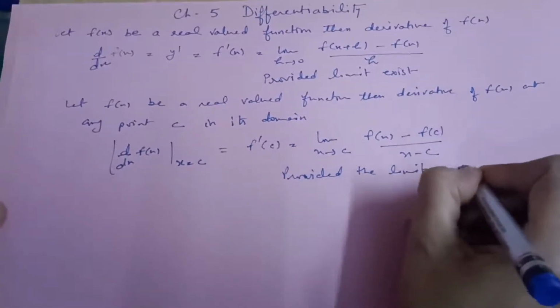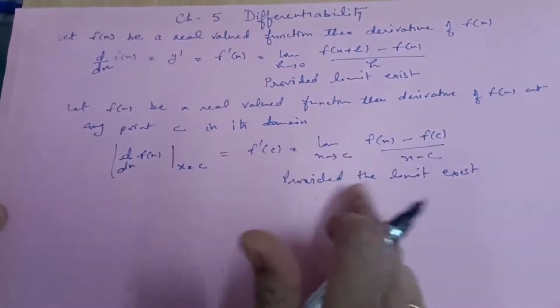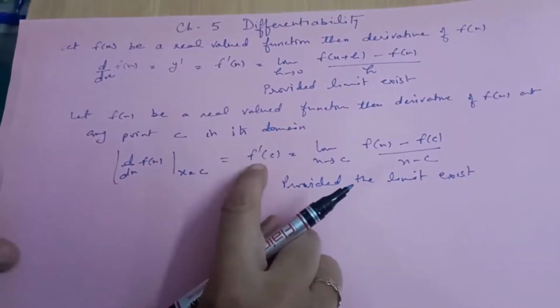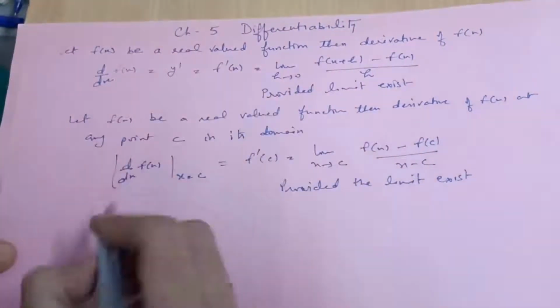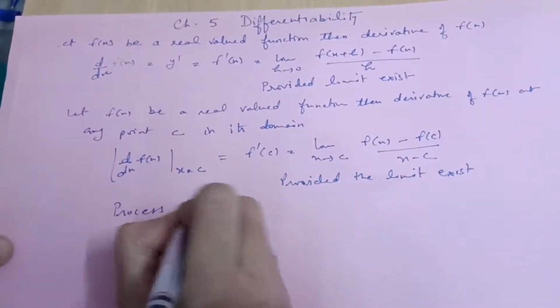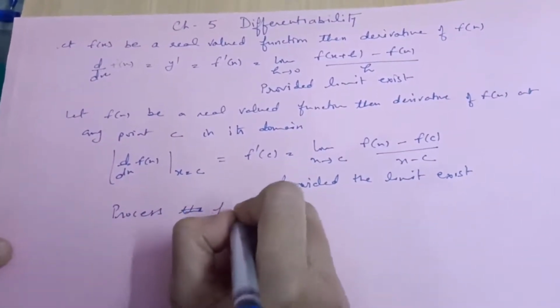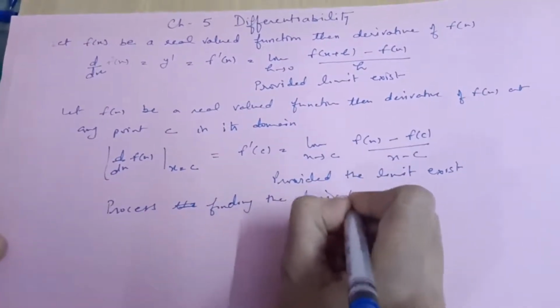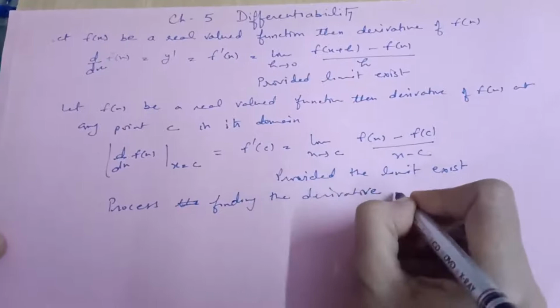Now, what does it mean that the limit exists? Actually, the process of finding the derivative is called differentiation.